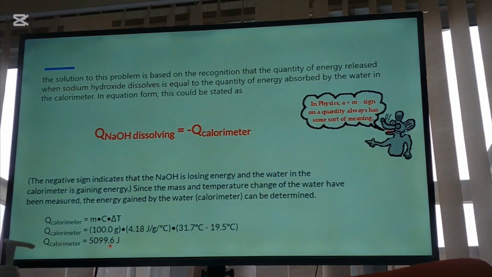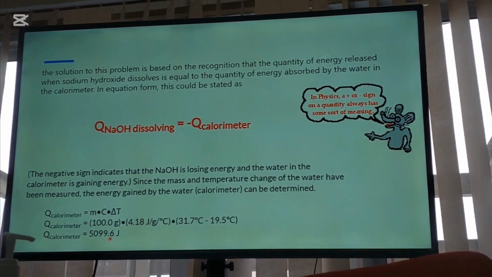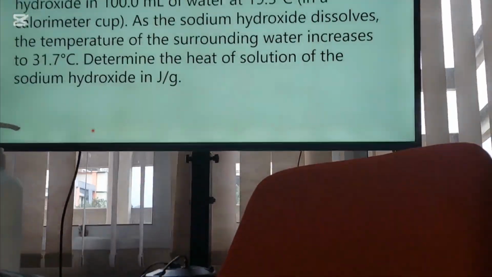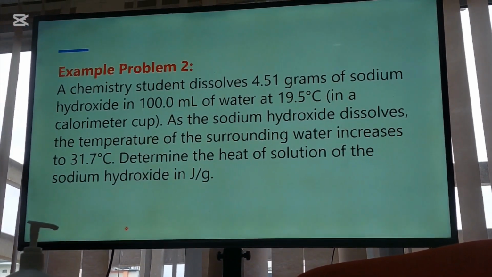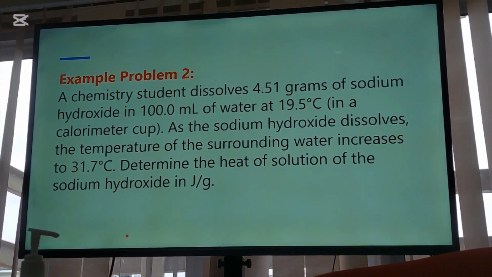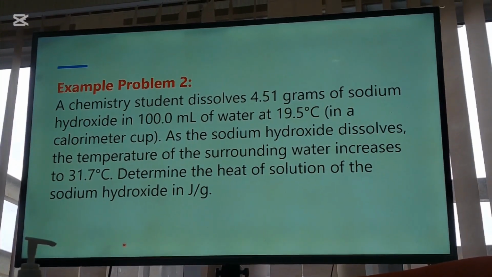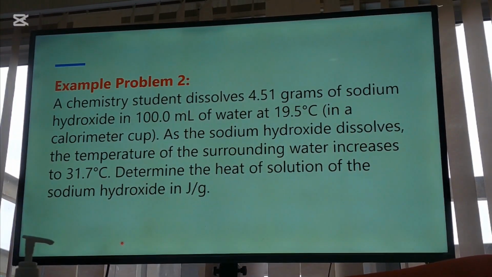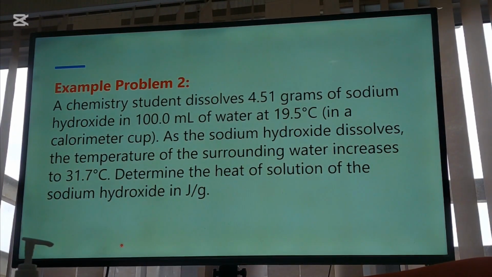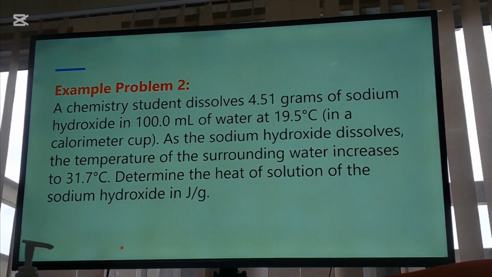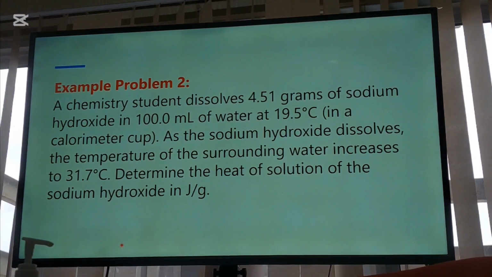Thank you. I have one question. The mass of water. Is it equal? Because we want to determine the heat of the sodium hydroxide, and the Q will be the same, so just measure the water.